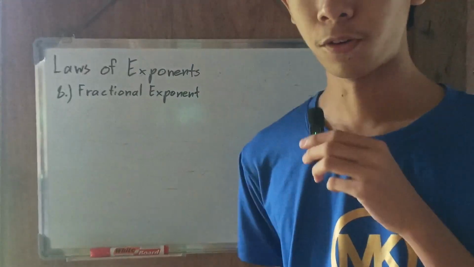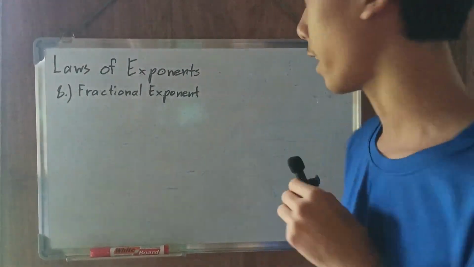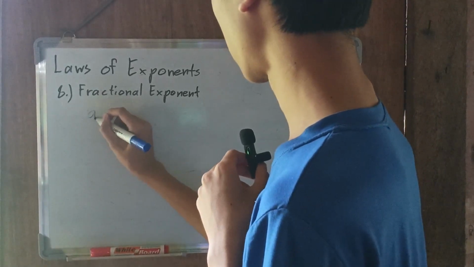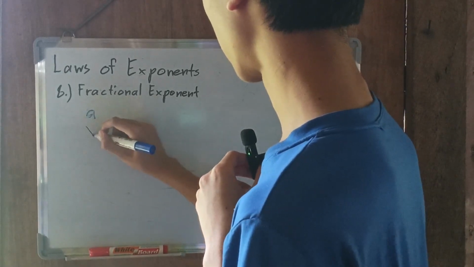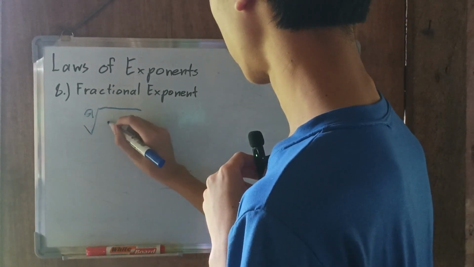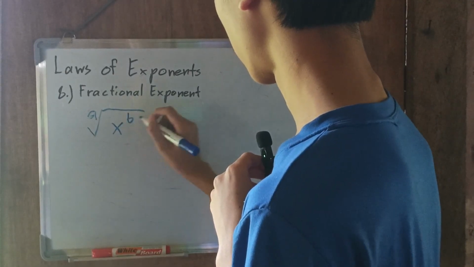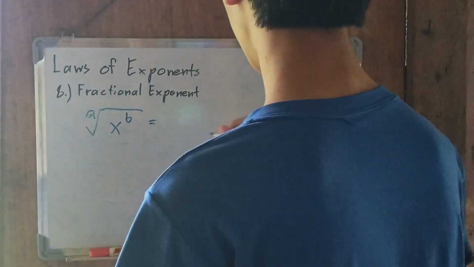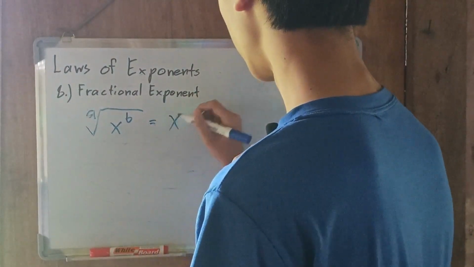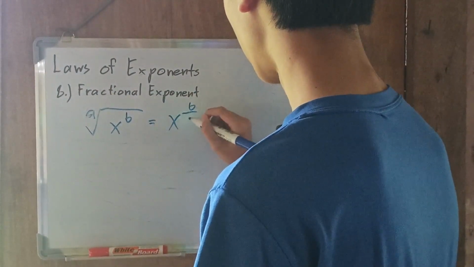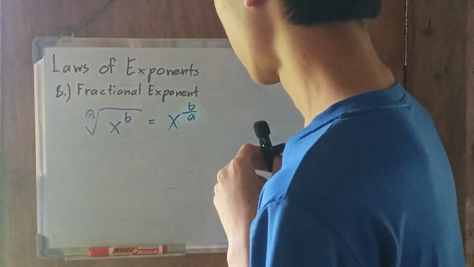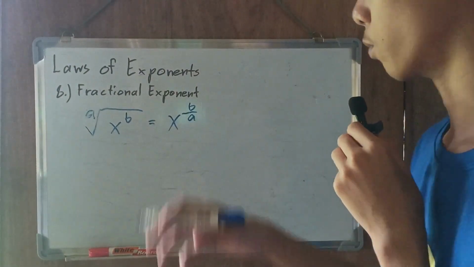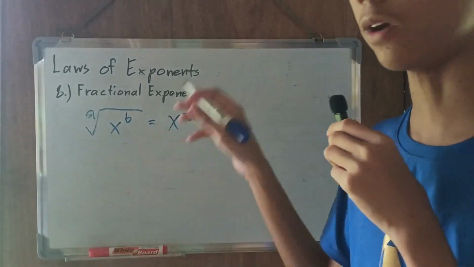In the fractional exponent rule, I'm just gonna write it here. It states that the a-th root of x raised to b equals x raised to b over a.